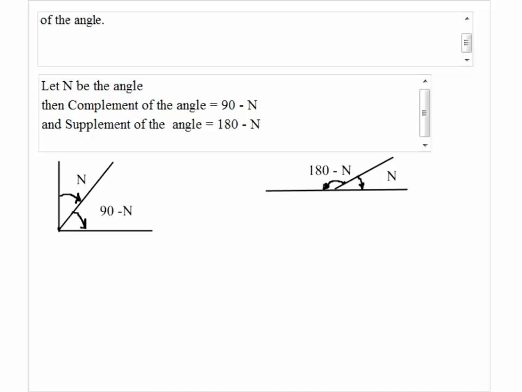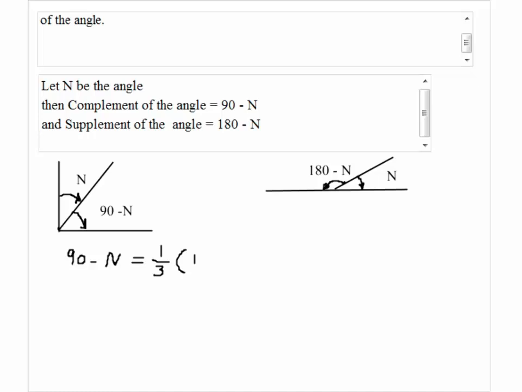So in this case, we have the complement of an angle. The complement of an angle, 90 minus n, equals 1/3 of its supplement.